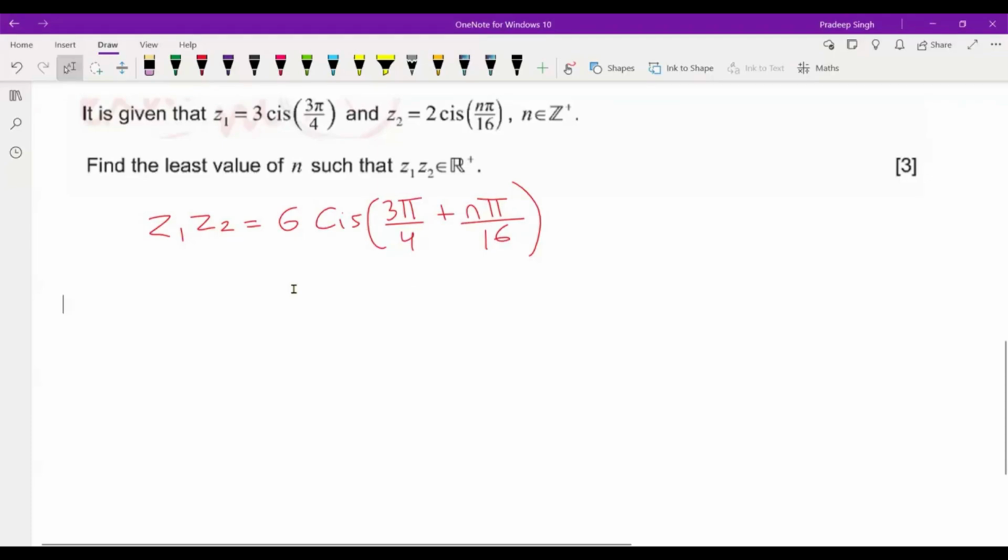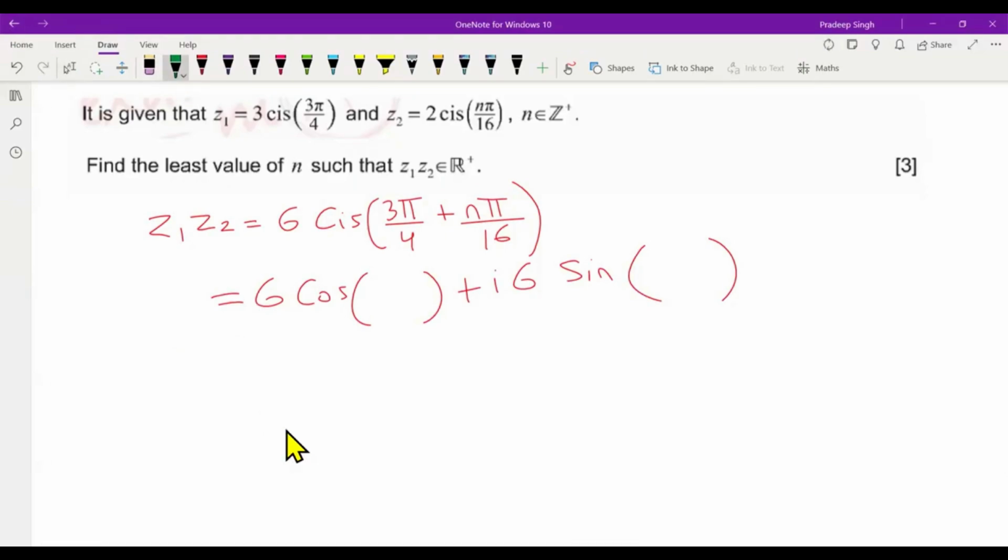I remember it, sir. So we expanded 6 cos 3 pi by 4 plus n pi by 6. Okay, so you mean this, right? Yeah. Now because it's purely real, we do the imaginary component, that is the sine part is equal to 0.